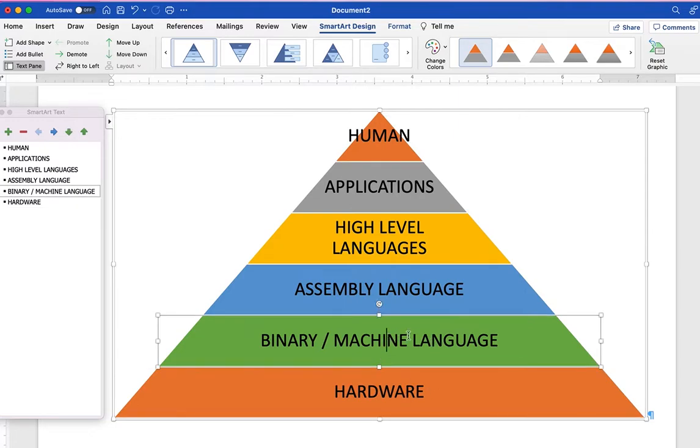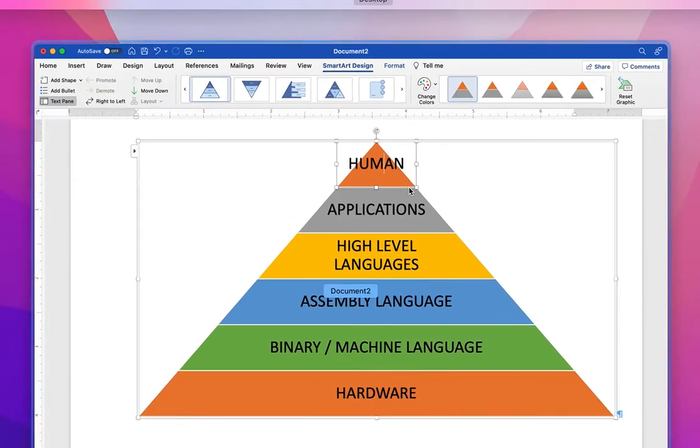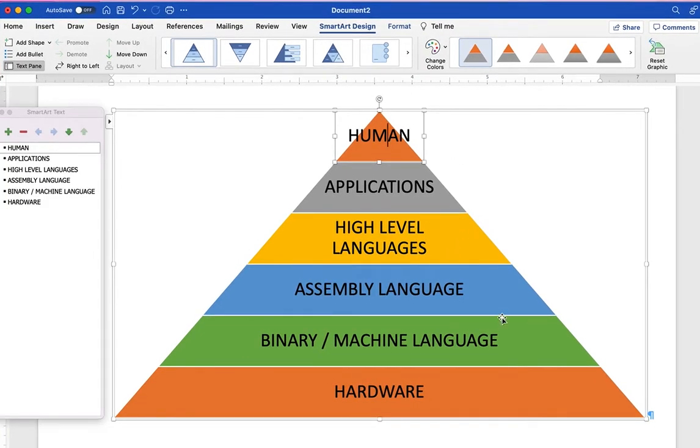And then back to binary, assembly, high-level language, application to show me the visual element that my eyes as a human understand. And that is basically the coding pyramid from the year 1920-ish to the year 2020-ish.